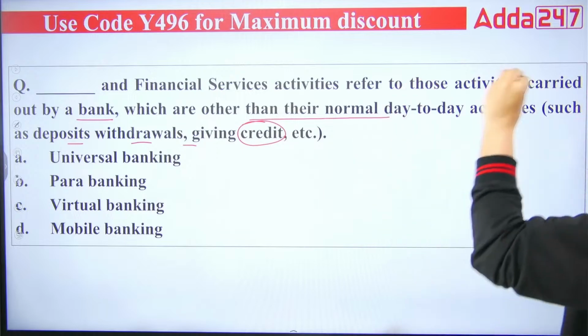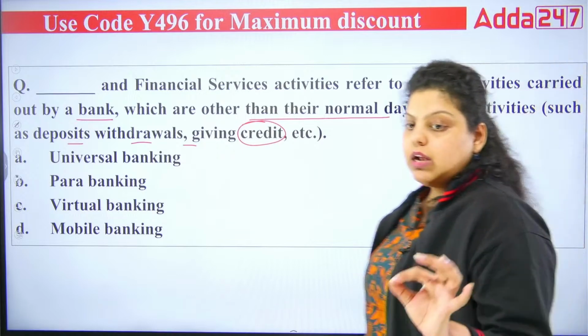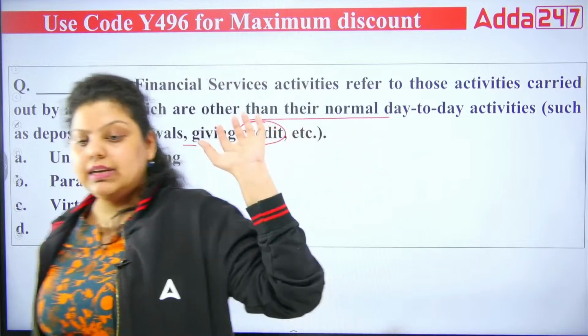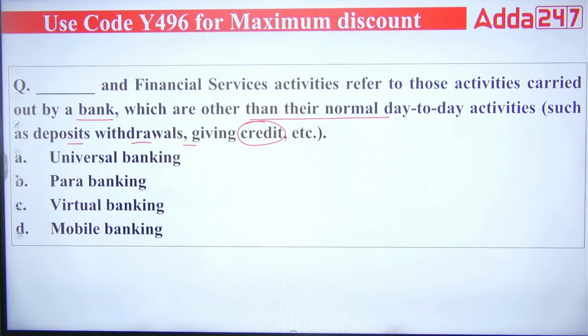So dash and financial services activities refer to the activities carried out by a bank which are other than the normal day-to-day activities such as deposit, withdrawal or giving loan. Let me know which of the following will be the right answer.